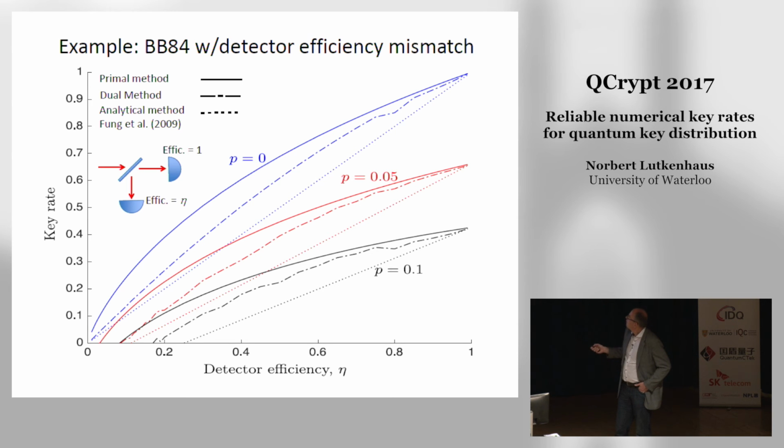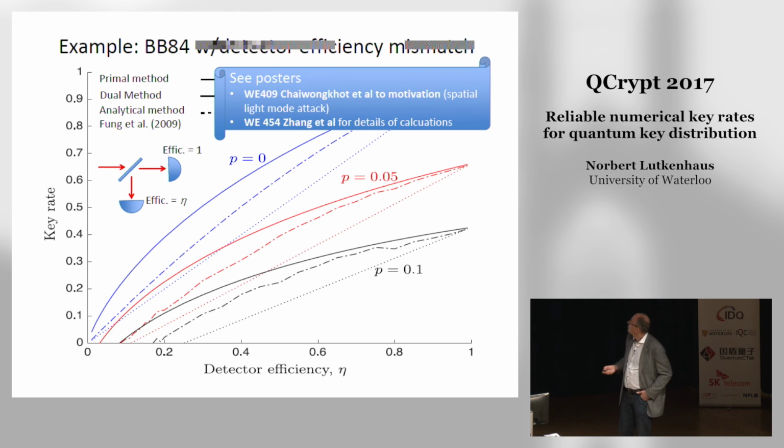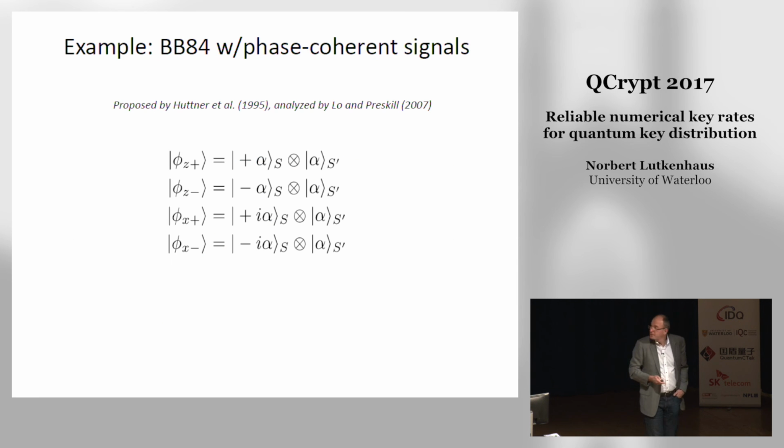You see that there are analytical methods that handle it to some degree, but our methods improve on that one. Here the detectors are the same; here they are completely different. Why would you be interested in that? Pompong actually has a poster on that, and for this calculation, Jan Bauer also has a poster to give you more of the details.